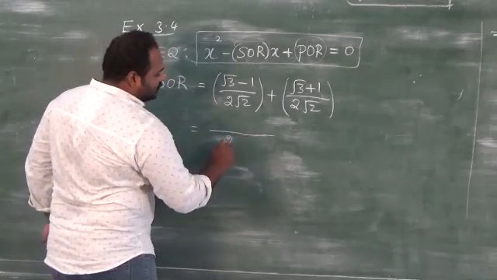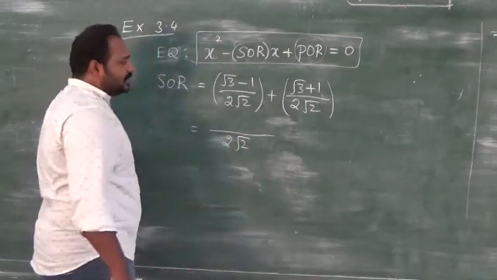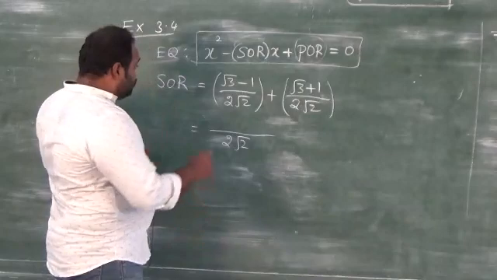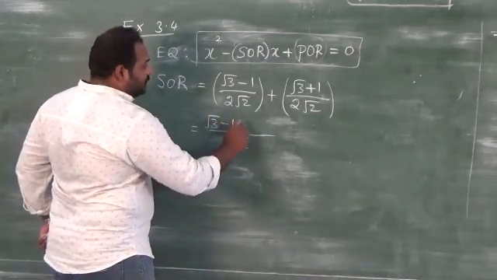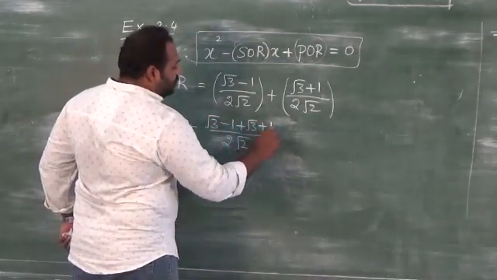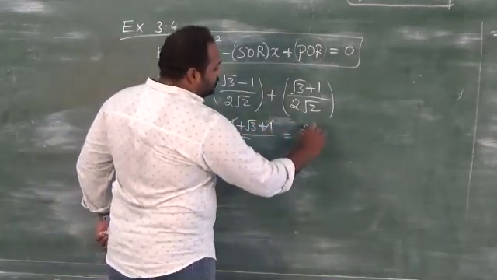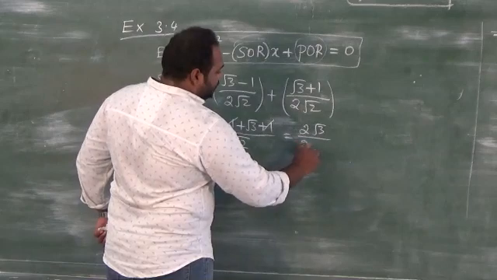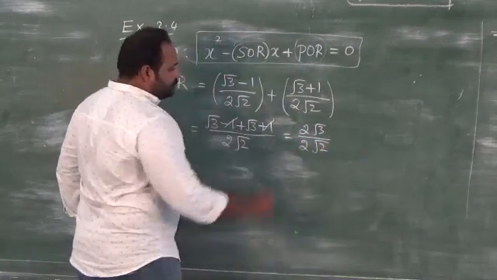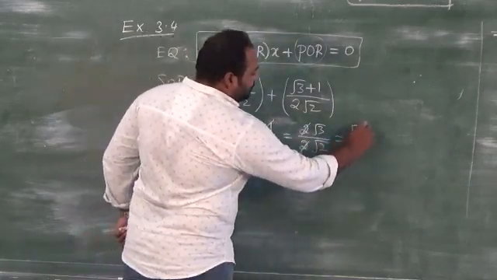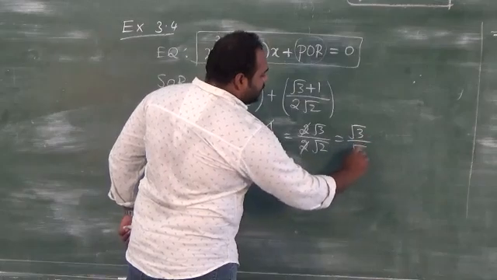Now take 2 root 2 common because it's a common denominator. So add the numerators: root 3 minus 1 plus root 3 plus 1. Minus 1 plus 1 cancel, giving 2 root 3 by 2 root 2. The 2 will be cancelled. So the sum of the roots is root 3 by root 2.